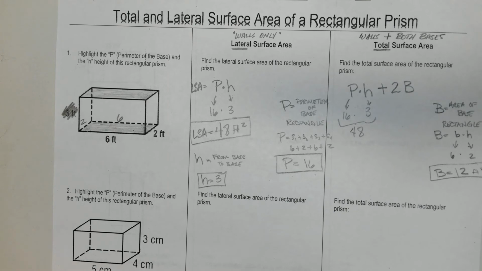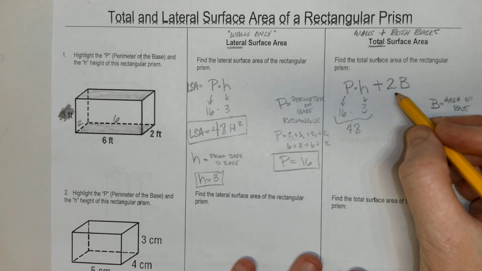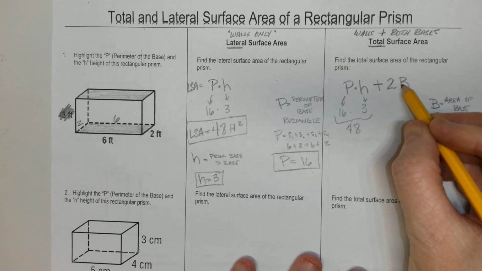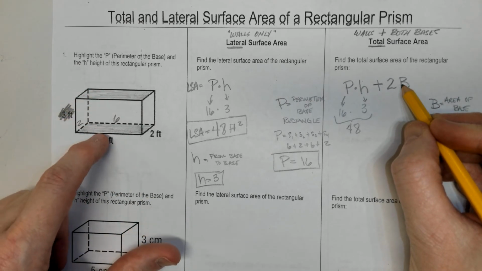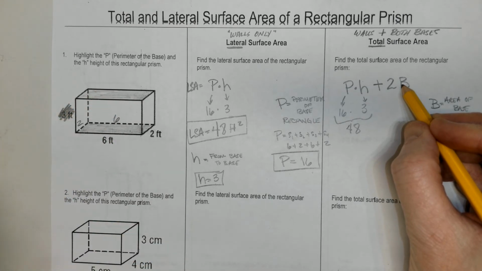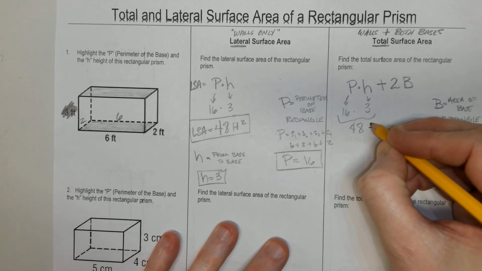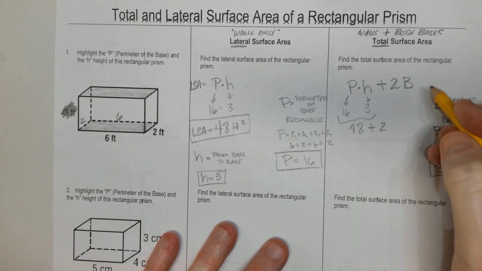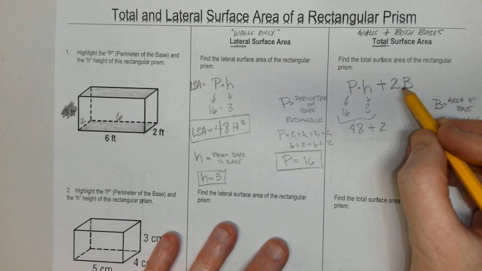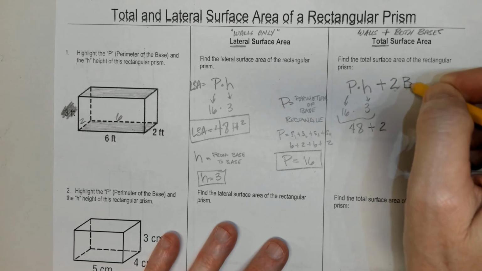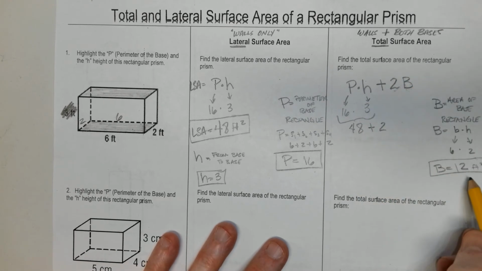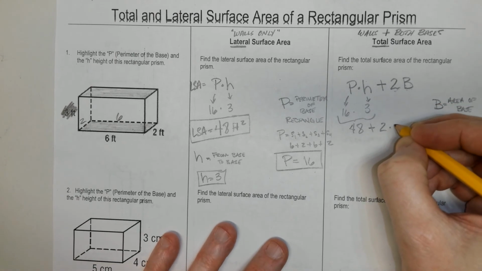But for total surface area, we're not done because we have to add in the area of both bases. That is to say, the 2 faces that we shaded. We need to add in the area of both bases. So we're simply going to say plus 2. What's happening between a number and a variable when they're sitting next to each other? Are they being subtracted? Multiplied. Yeah, they're being multiplied. So I know I'm going to take 2 times whatever I got for the area of that base, which is right down here. 2 times 12.